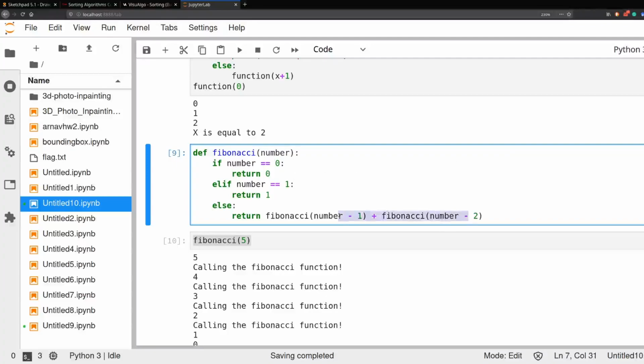Cool. So that's recursion. Does anyone have any questions about recursion, or have anything they want to talk about for that? Cool. All right.